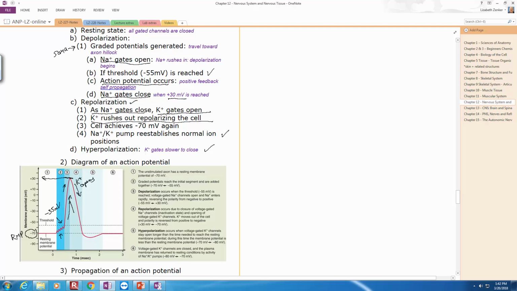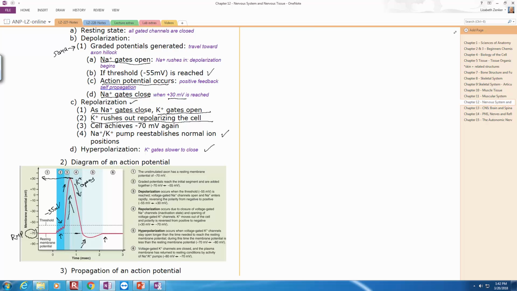We start to become more negative again. We hit that negative 70 resting potential, but we go a little bit below that. That's our hyperpolarization occurring right here. And then we level out at our resting membrane potential at negative 70, and then we're ready to go again.